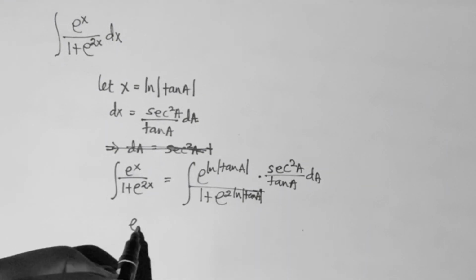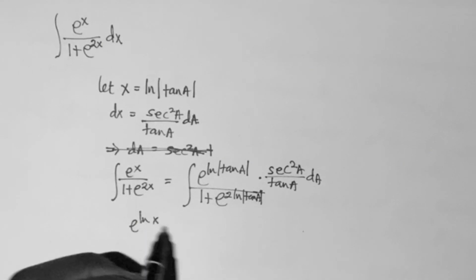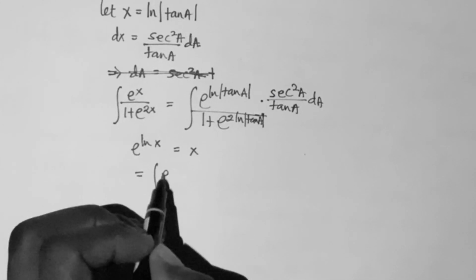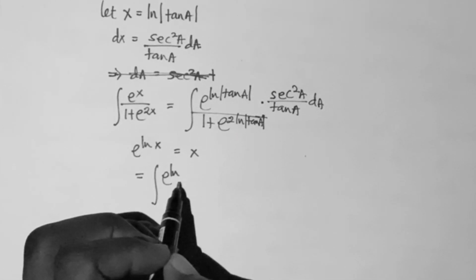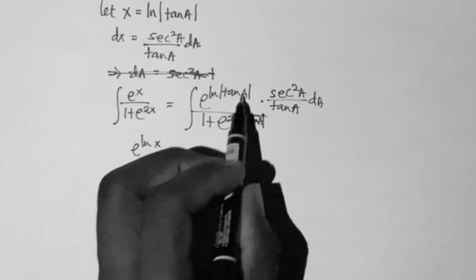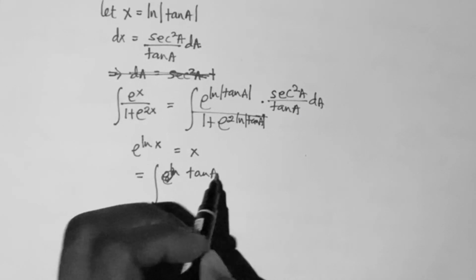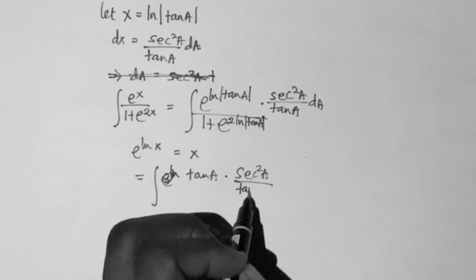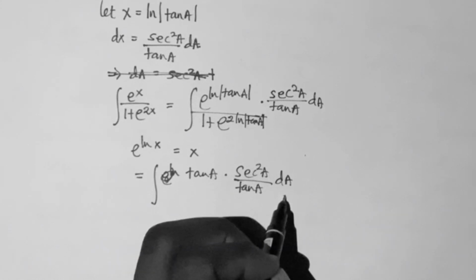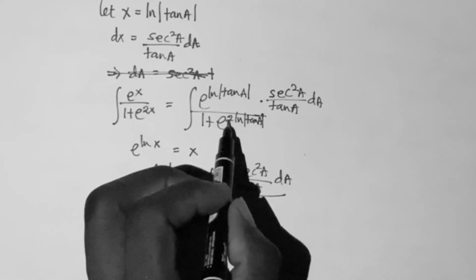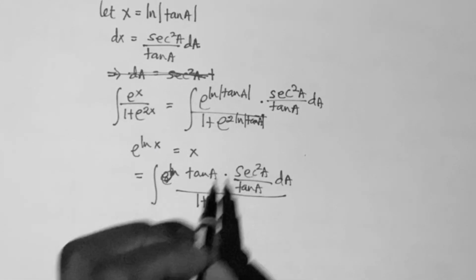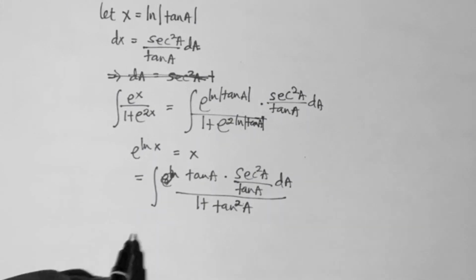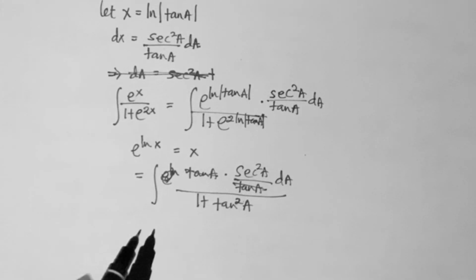But then we know that exponent natural log of x is equal to x. So this is equal to the integral of exponent natural log, which will give us tan a, times sec squared a divided by tan a dA, all of this divided by 1 plus tan squared a, so that this tan a and this tan a can cancel out.